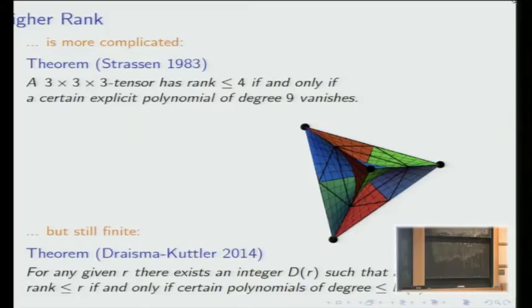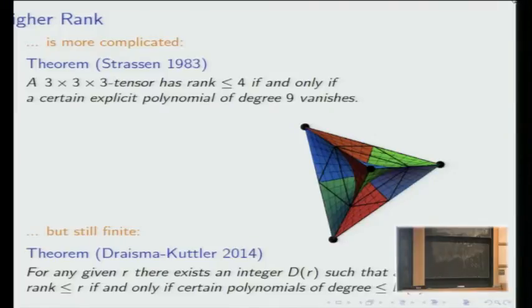Okay, higher rank is much more complicated, and I just want to state one recent theorem that's quite beautiful. So first of all, the subject of tensor rank has been studied for quite some time, especially in algebraic complexity theory. There's one very popular tensor called the matrix multiplication tensor, whose rank people have been very interested in.